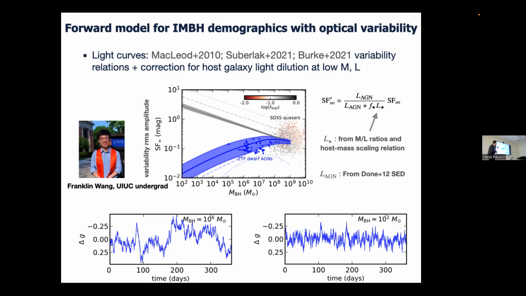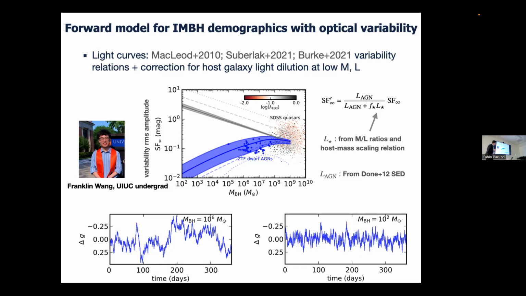So we think that depending on the accretion rate or the Eddington ratio of that black hole, that would change the variability amplitude that you see. And that's what we see with SDSS and Pan-STARRS observations. Those come out well. You can see the trends there with the color bar. So that's SDSS quasars.